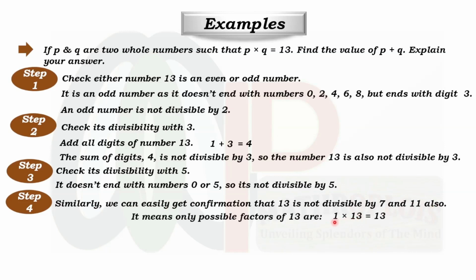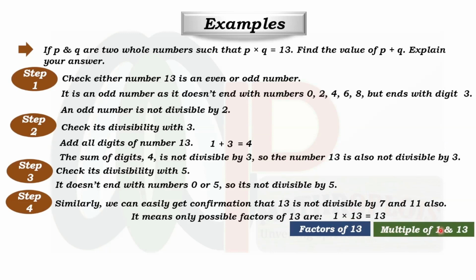So, 1 multiplied by 13 is equal to 13. It means the only possible factors of 13 are 1 and 13 itself. And 13 is a multiple of 1 and 13.